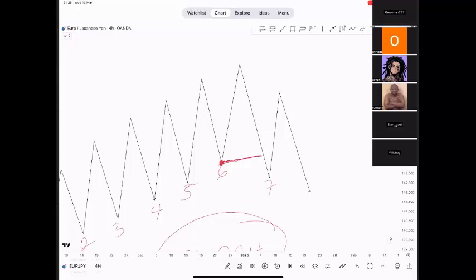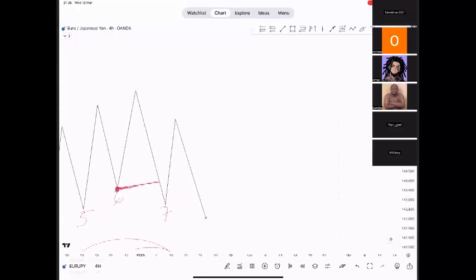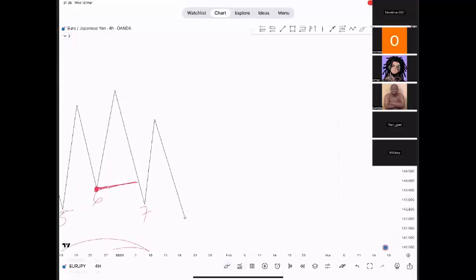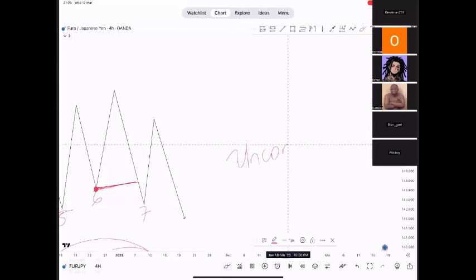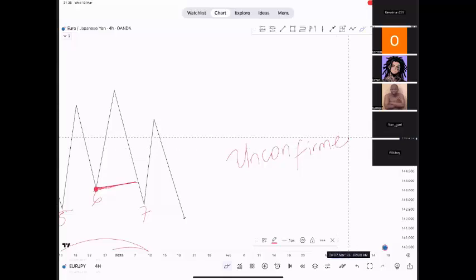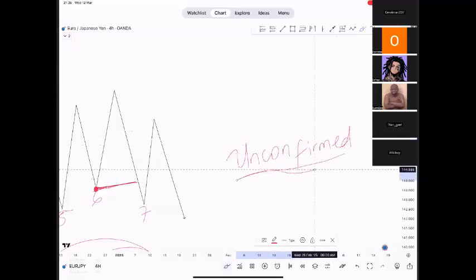So a change of character comes with, this is the word, unconfirmed. Unconfirmed means it has not been certified. Do you understand?